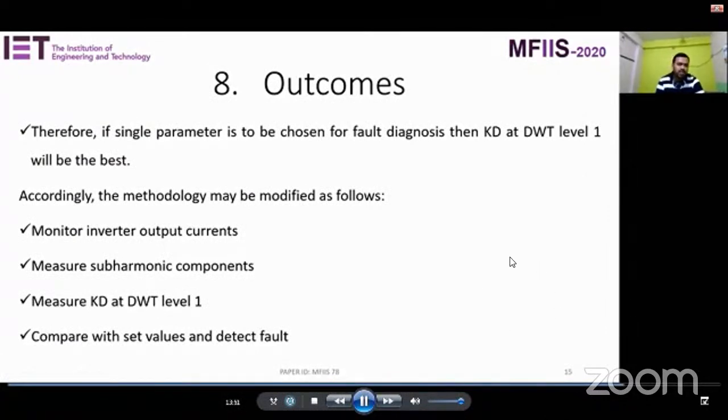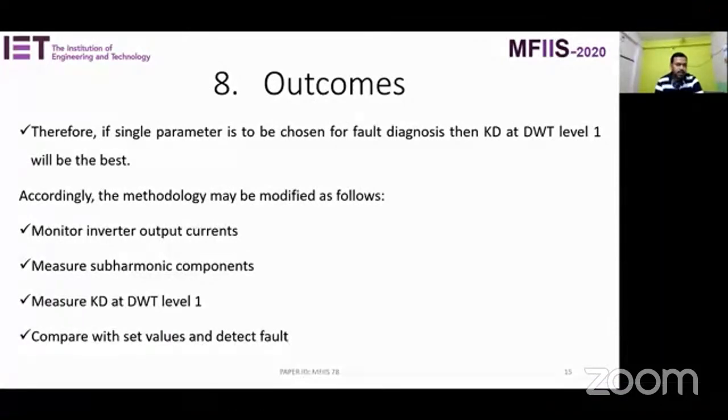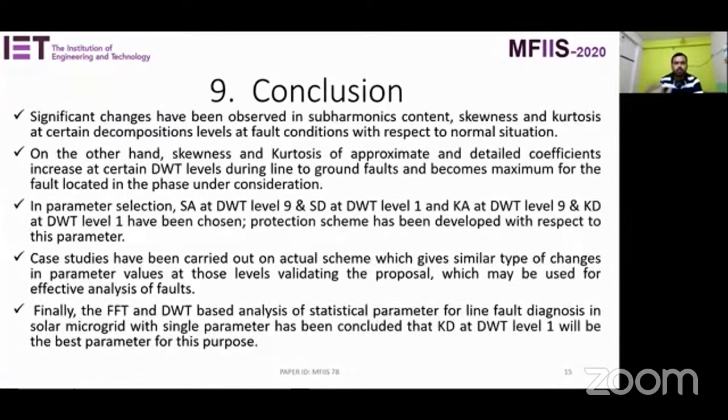According to this, the methodology may be modified further as follows. Monitor the inverter output currents, measure the subharmonic components, measure the KD at DWT level 1, compare with the set values and detect the fault.